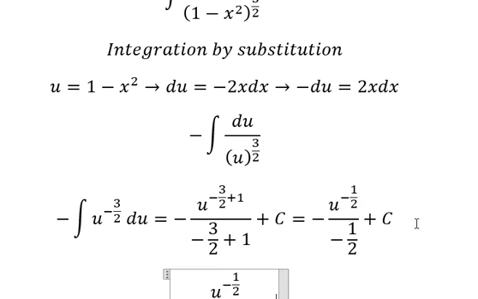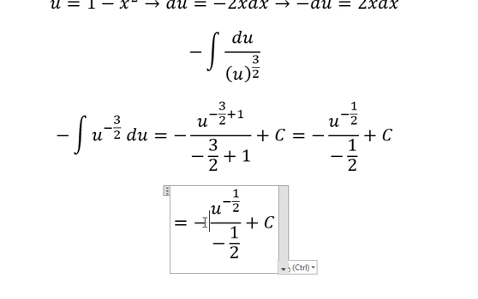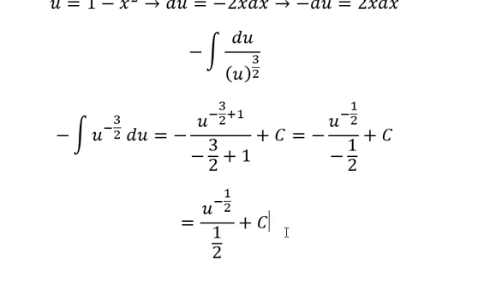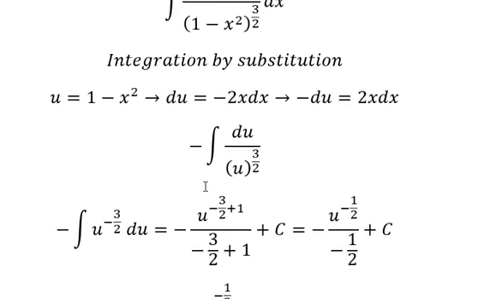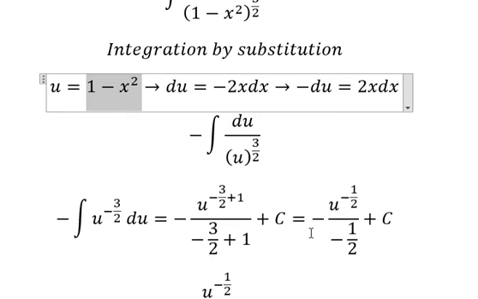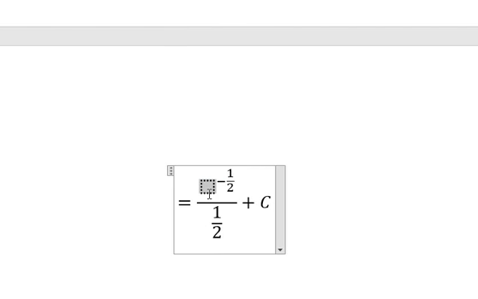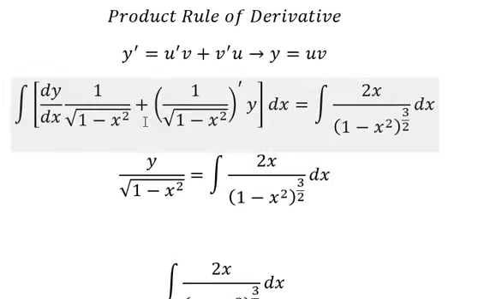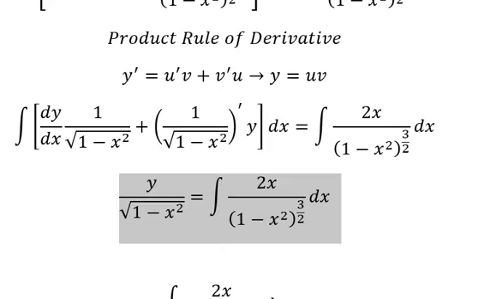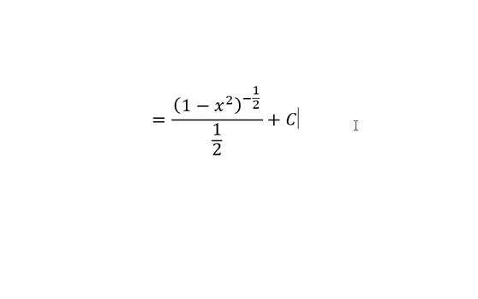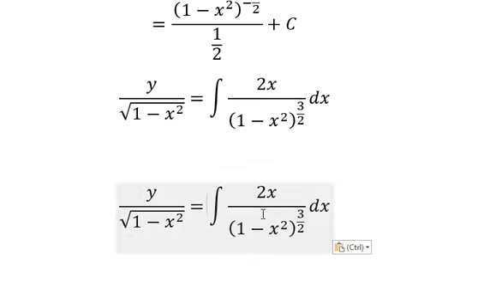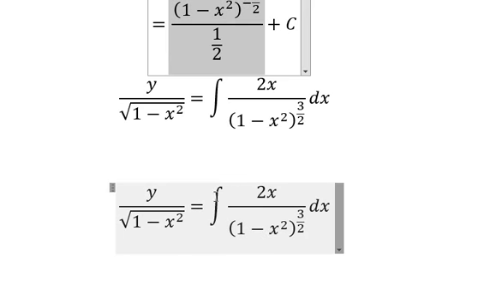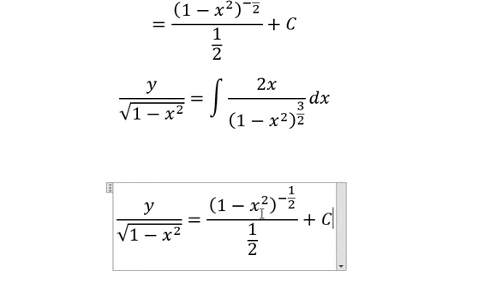So negative and negative you get positive. About u, that is this one. So we return back in here. The integration of this one is this one in here. And I will put c.